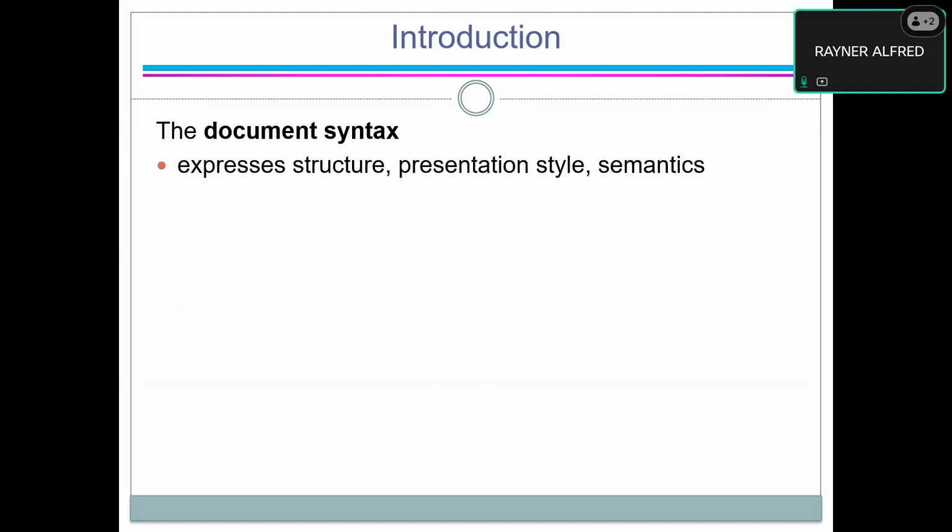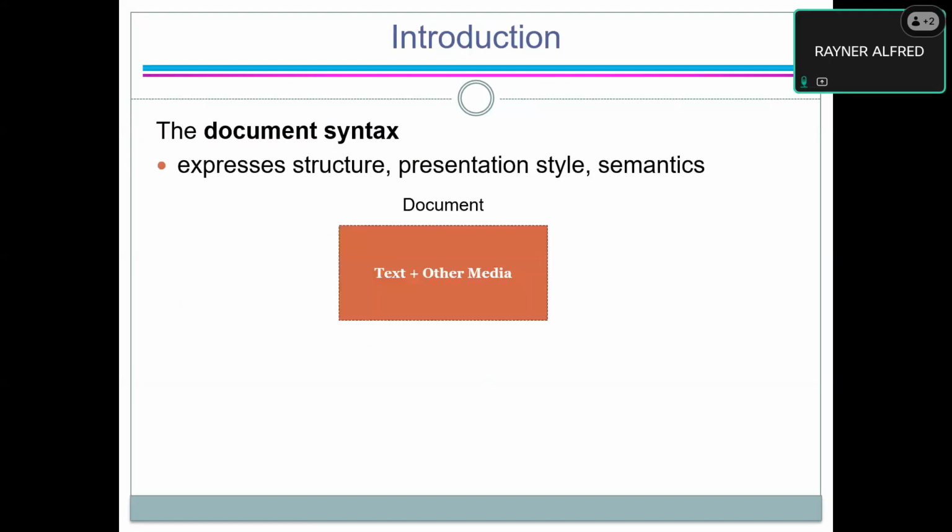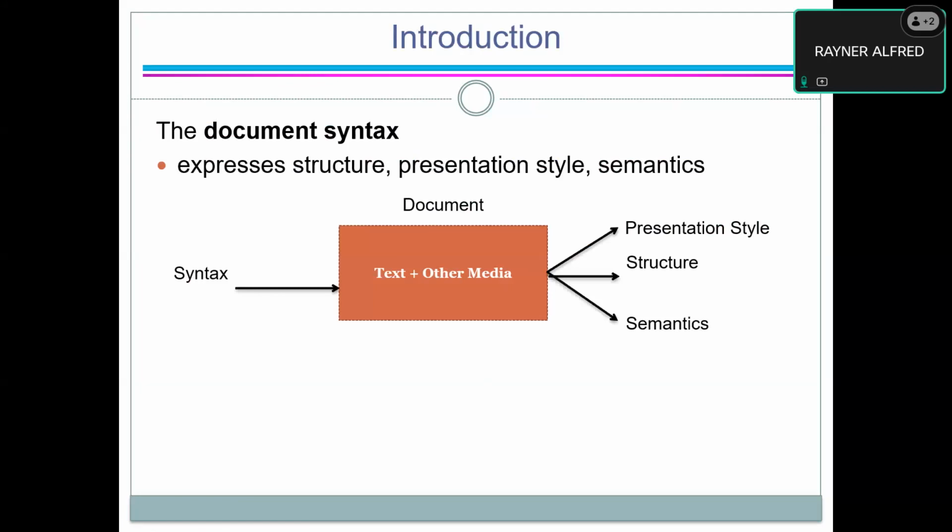Okay, so for example, if we have this document, it contains text and other media, for example, images or even video or even audio. So we will give them the syntax, which is how we present. So this is more into the presentation style. And based on the presentation style or the grammar or the structure, we will be carrying all this information when we present the document.